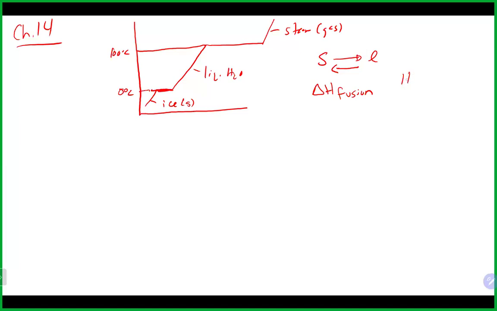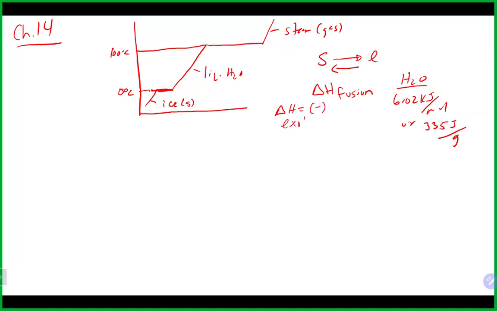For water, and again, this is specific for water, 6.02 kilojoules per mole, or roughly 335 joules per gram, is the heat of fusion. Now remember, that number is the same regardless of which direction you're going, but this also ties back to chapter 10, which was exothermic and endothermic. Remember that delta H, or any type of energy value that is exothermic, will have a negative value.